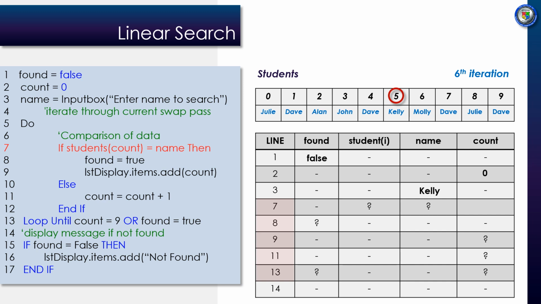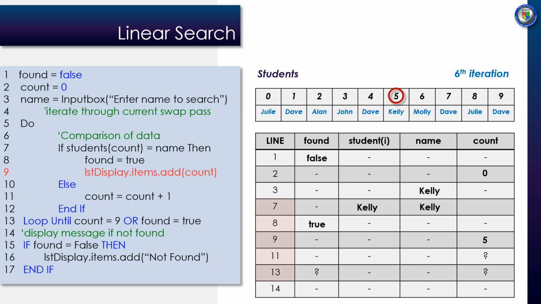In this case, student I is 5, which is Kelly. Our search term we're looking for is Kelly, and that's in the variable name. Those two are the same. Therefore, at line 8, we set the boolean variable found to true. At line 9, our count is 5.